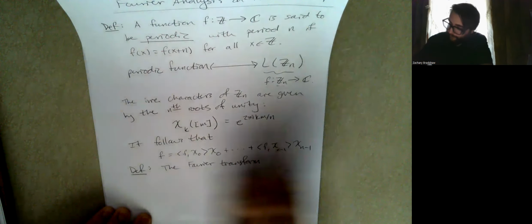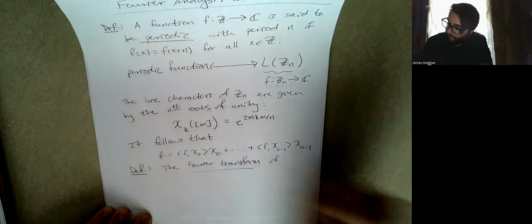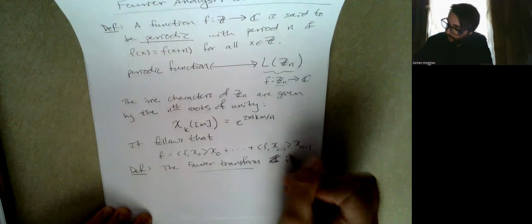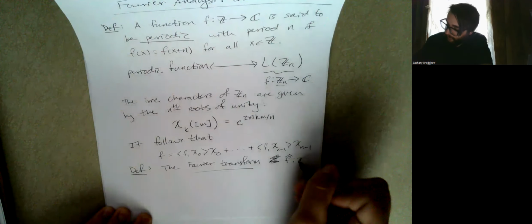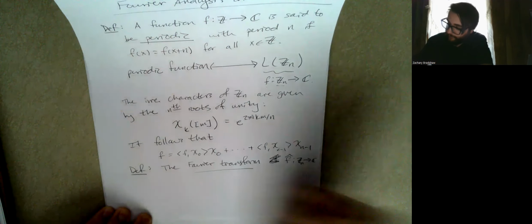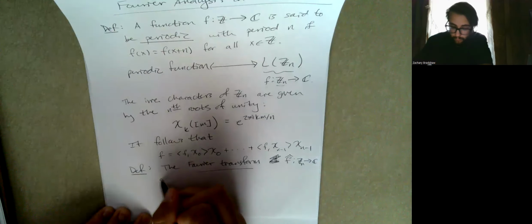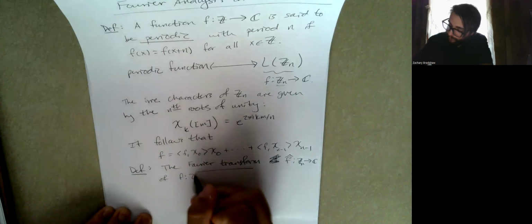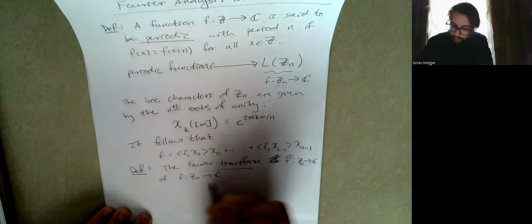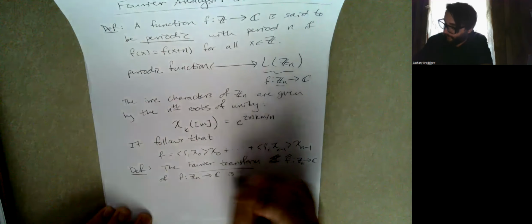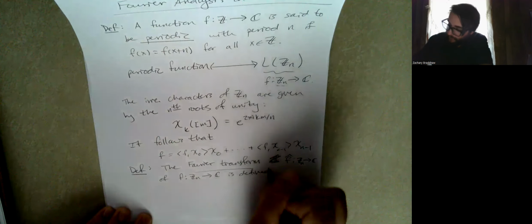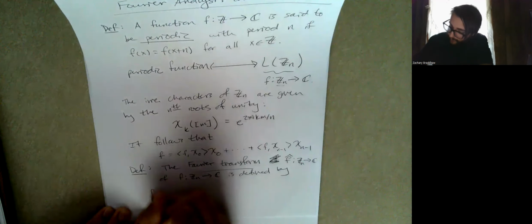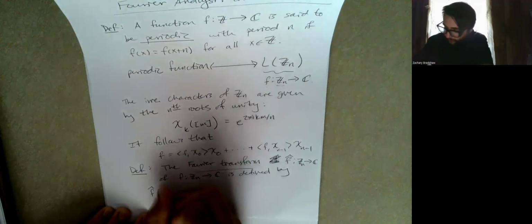The Fourier transform, let me write it this way, f hat from Zn to C of some function f, also from Zn to C, that'll change a little later, is defined by the following equation.